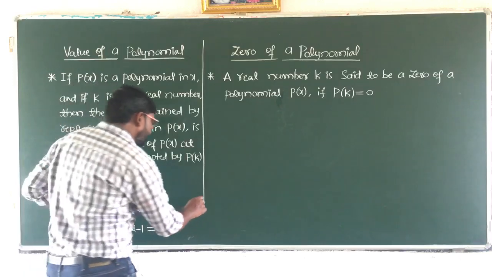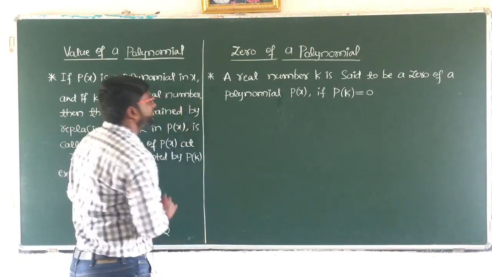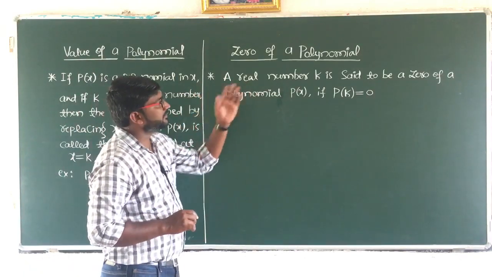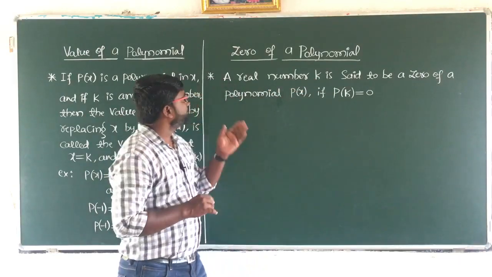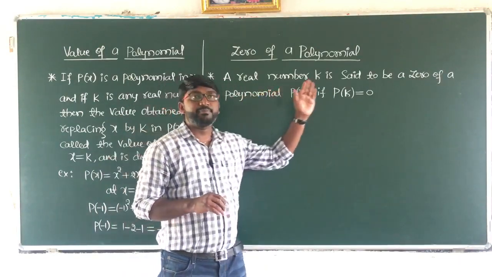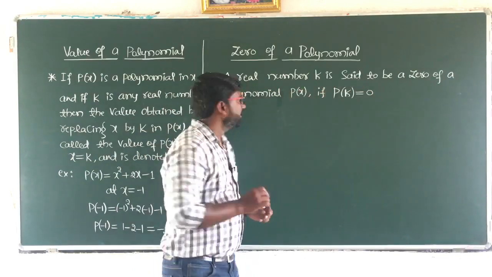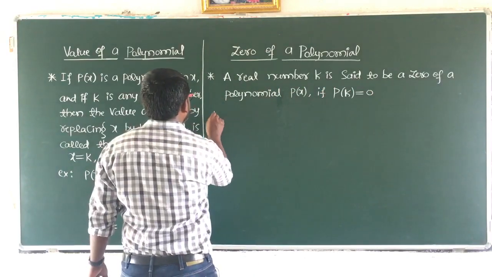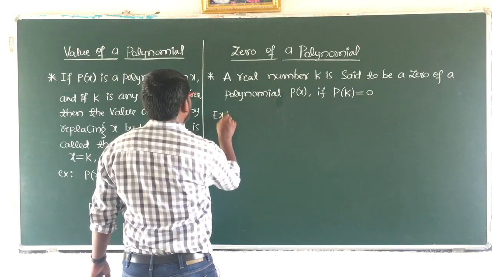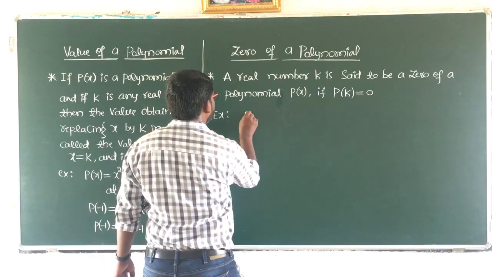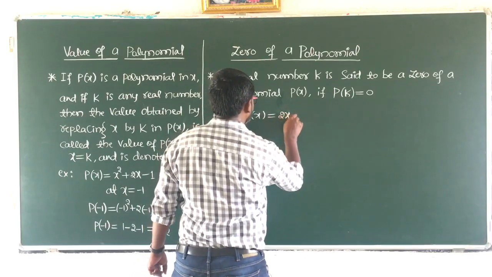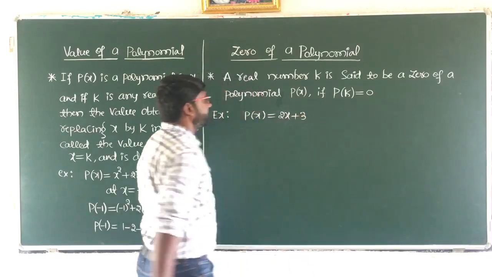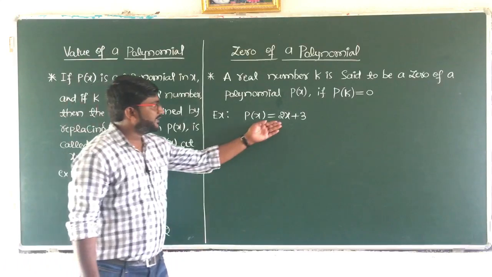Next we will discuss the zero of the polynomial. So a real number k is said to be a zero of a polynomial p of x if p of k equals 0. So here again I will take up an example. The example is p of x equals 2x plus 3. So this is a polynomial of degree 1.